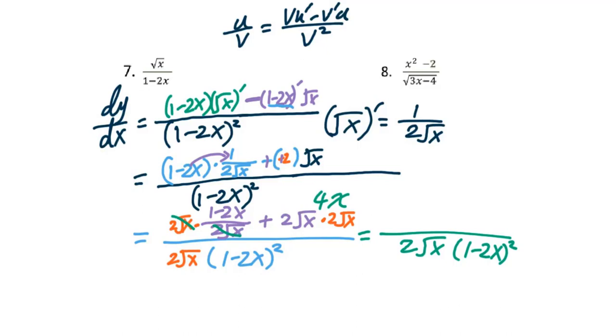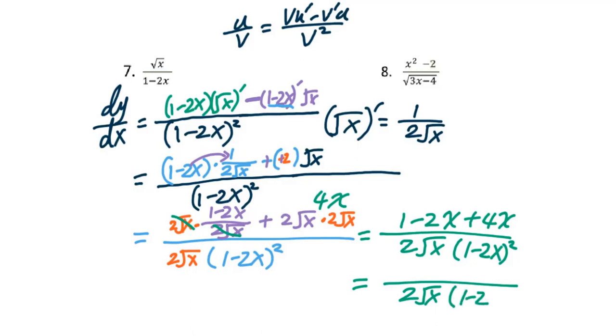To the top, you will get 1 minus 2x plus 4x. So your final answer will be 2 square root of x, 1 minus 2x squared, then you will have 1 plus 2x as a numerator.